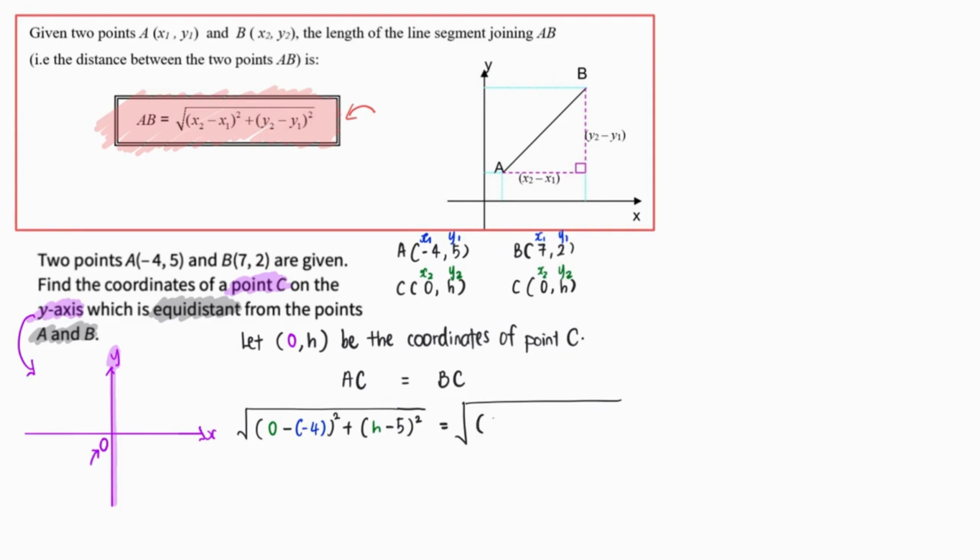So I will have my 0 minus 7, oops, bracket square plus my h minus 2 bracket square, and I'm going to square both sides such that in my next line there will no longer be a square root, and this bracket square will be equal to 16. Okay, so this will be 16.